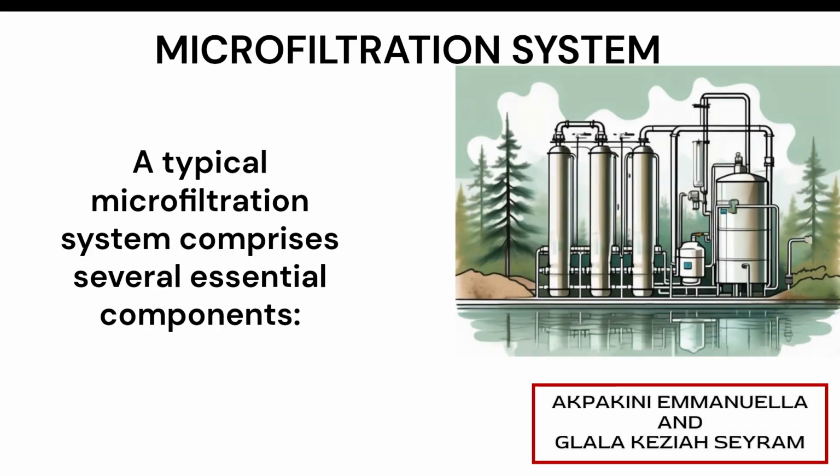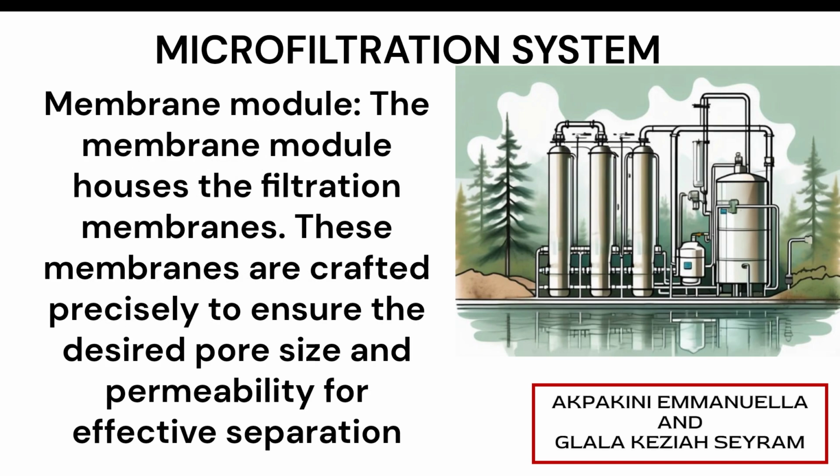A typical microfiltration system comprises several essential components. These are a membrane module, a pump, a feed tank, and a pressure control system. The membrane module houses the filtration membranes.